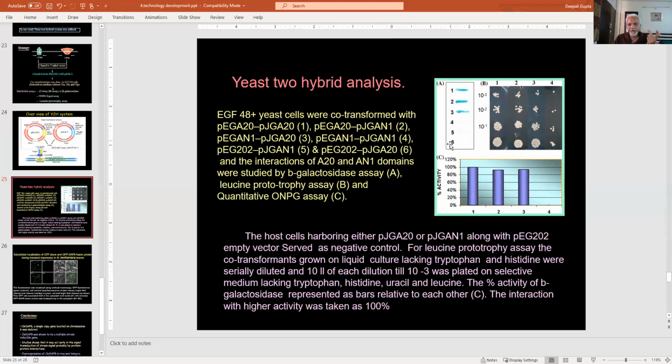There is no interaction when you take AN1 and AN1, and the positive control and the negative control. So this experiment clearly demonstrated that A20 interacts with itself and also interacts with AN1. So that story was clearly demonstrated.